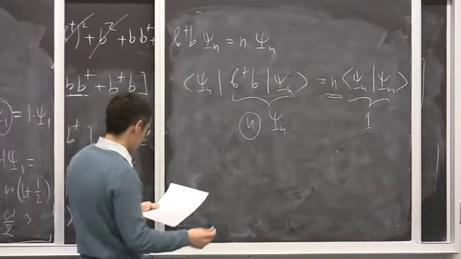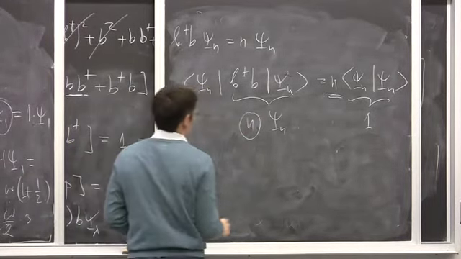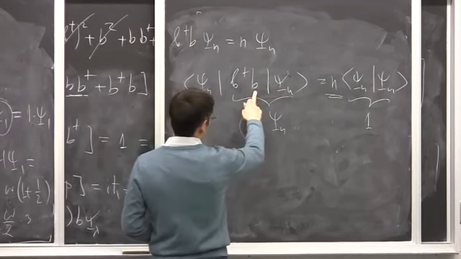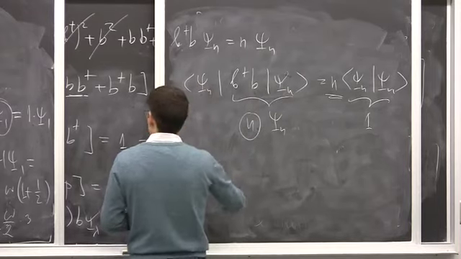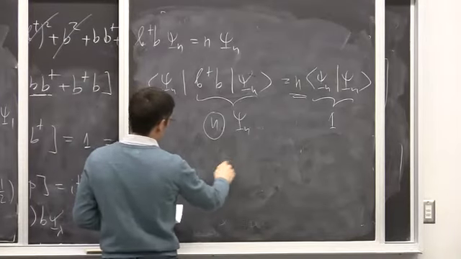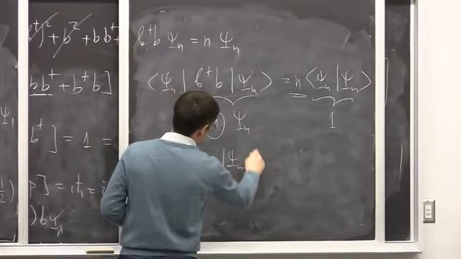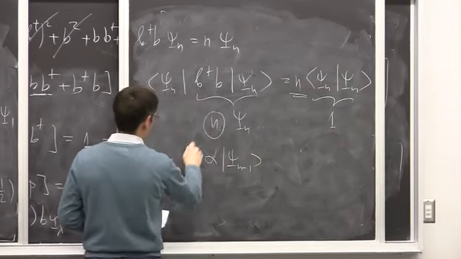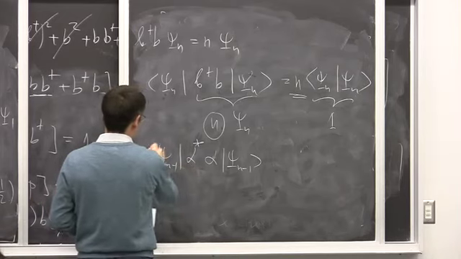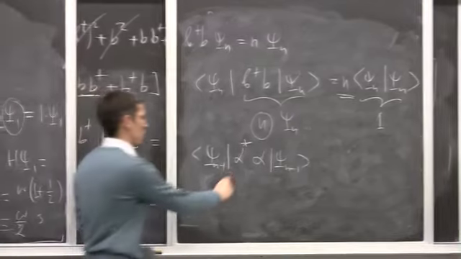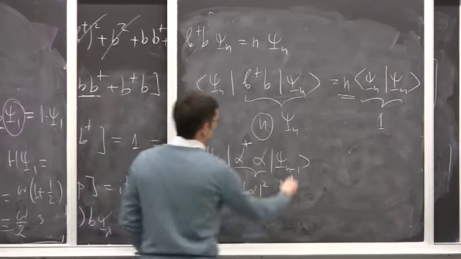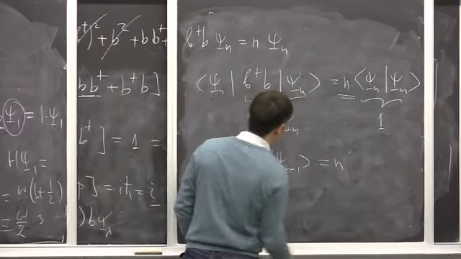Okay? Now if we apply b onto psi n and b dagger onto psi n, they will both act like lowering operators. And so what they will do is produce the constant alpha and lowered values, psi n minus 1, with that constant alpha, and this part is alpha star times n minus 1. Right, something like this. This is a constant, alpha squared, so we can take it outside of the integral, and we know what this integral is. It's n, right?